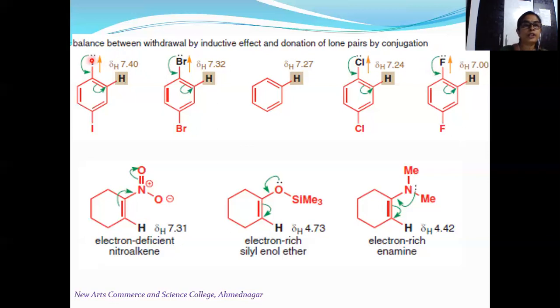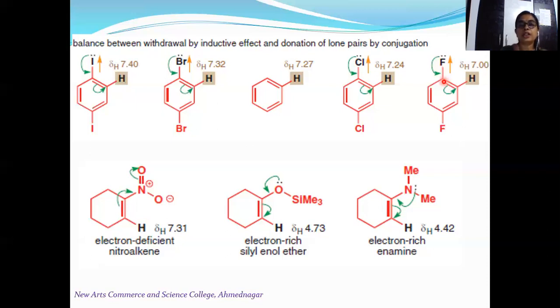Size of the iodine and this carbon, they are not comparable. Iodine is very large in size, so the resonance effect is not very effective when a larger atom is in conjugation with a smaller atom. But fluorine and carbon atom, their sizes are comparable.